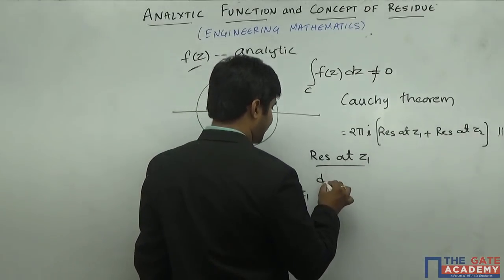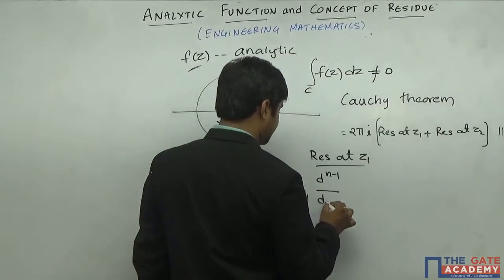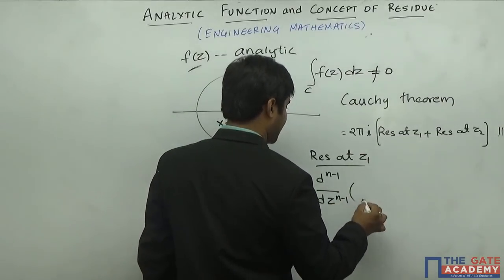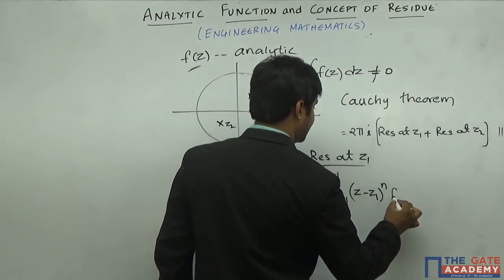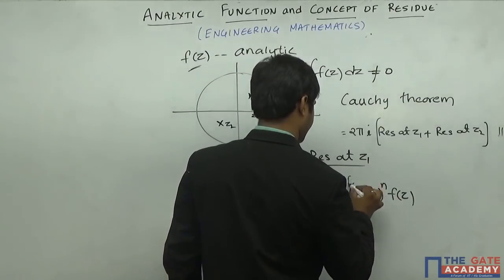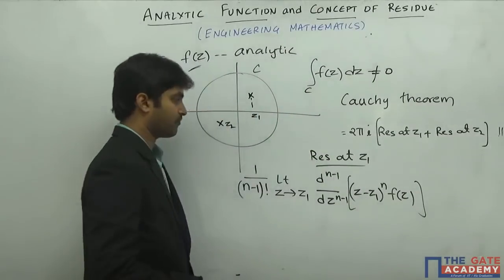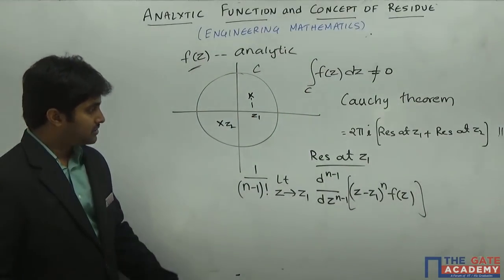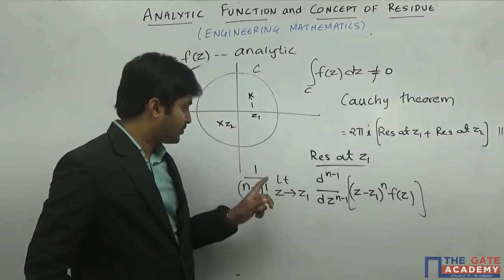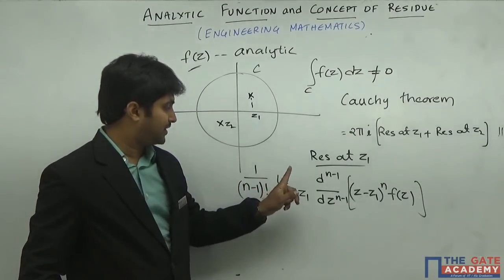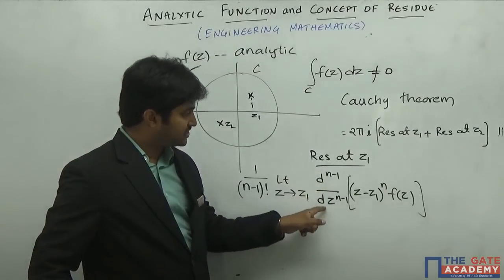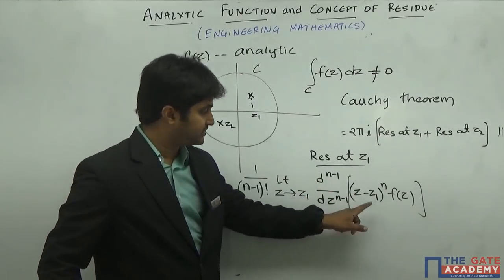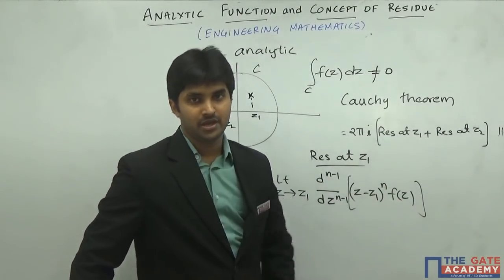That is, the n minus 1th derivative with respect to z of (z minus z1) whole power n into f of z.